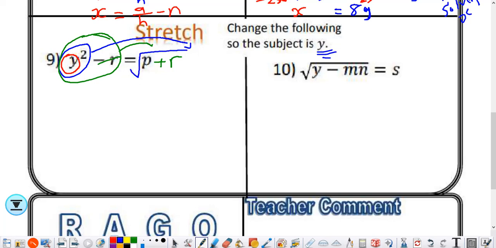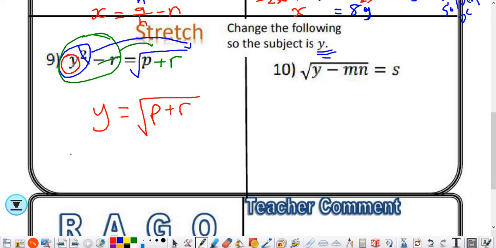And the square root has to go over all of it, remember? So if I square root something, it's everything that's on that side of the equation. Okay? And that's now gone. And that would leave me y. So y equals p plus r, all square rooted.